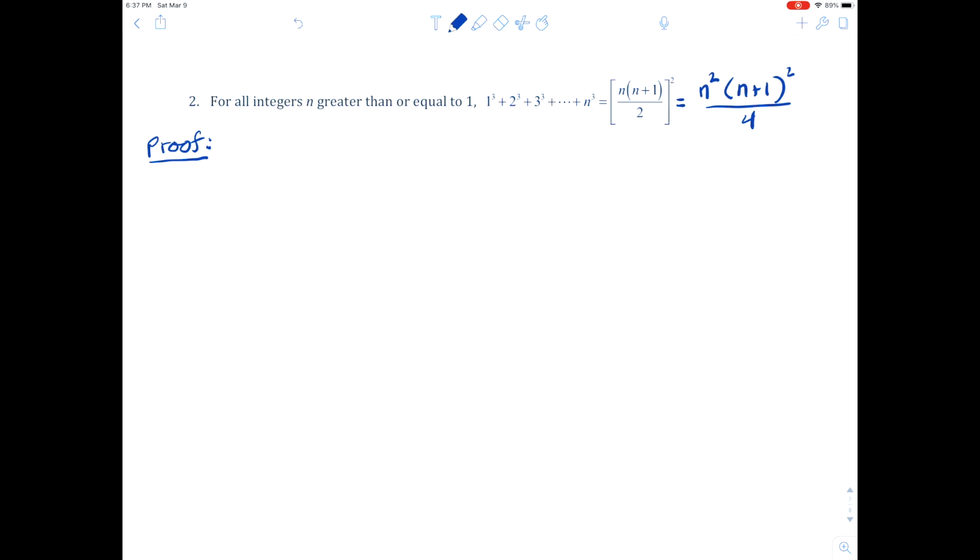All right, so what do we need? Just integer n. So let n belong to the positive integers because it's just greater than or equal to 1.